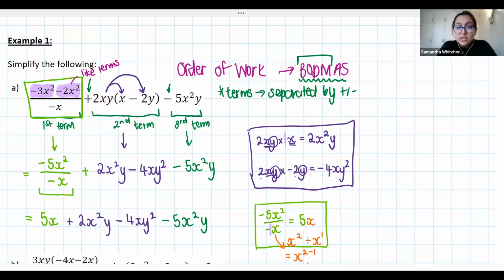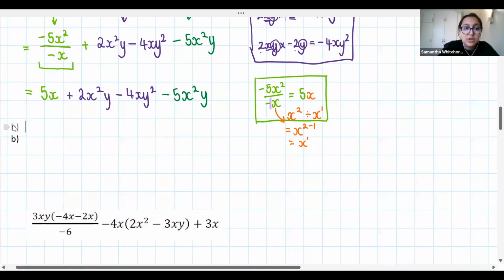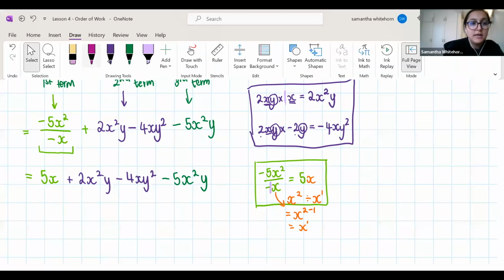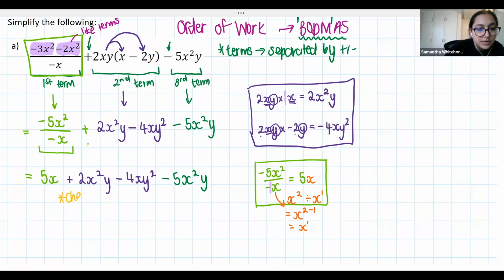So now I need to look at what I have and figure out, do I have any like terms? I just want to move this down so that I've given myself a bit more space here. So now I'm checking in my expression, do I have any like terms? Now, again, we've said this many, many times now.